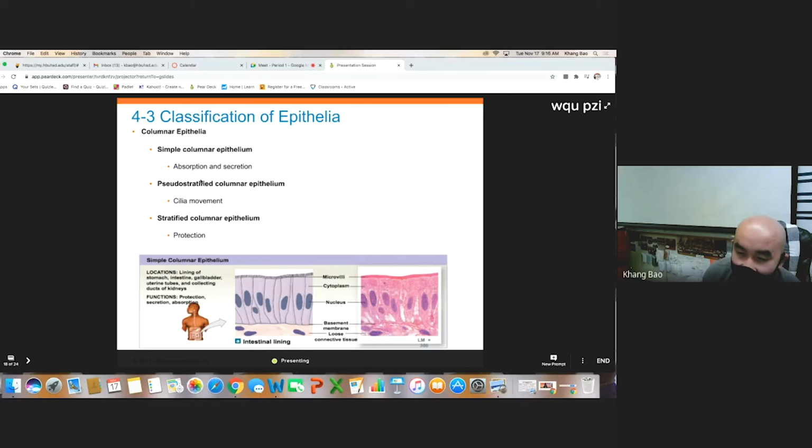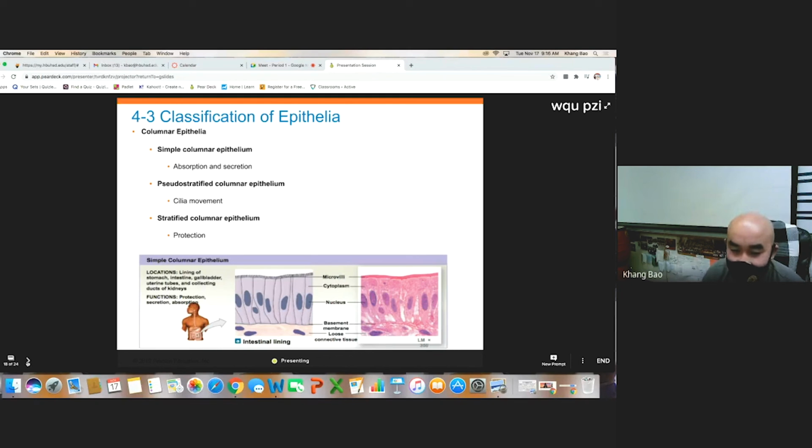And then for columnar, you also have what we call pseudostratified columnar. Pseudo means false. That means they are not really stratified. Stratified means multiple layers, right? Pseudo means, nah, they're kind of in between simple and stratified.